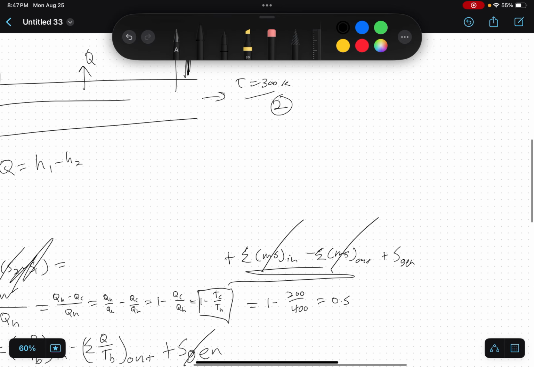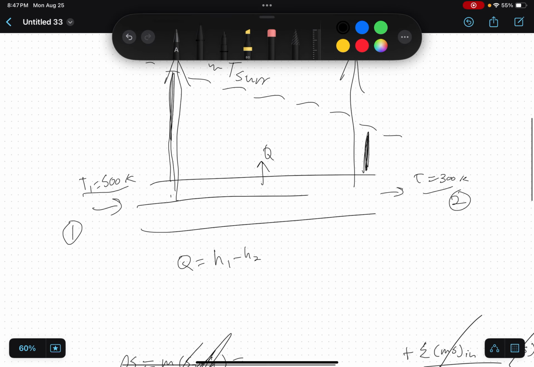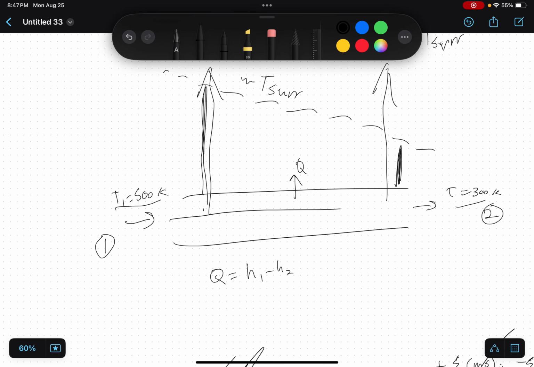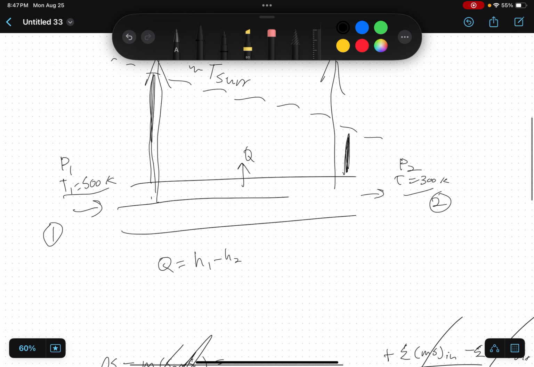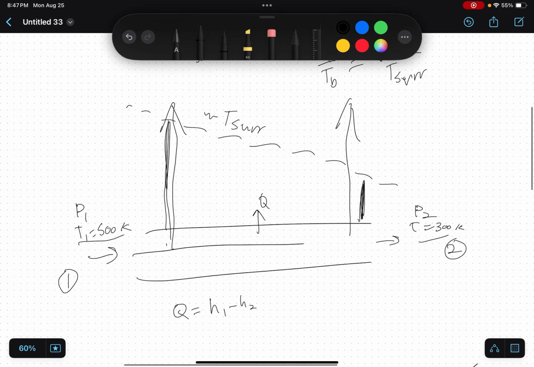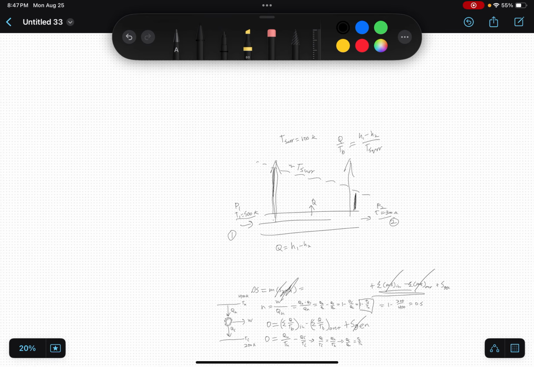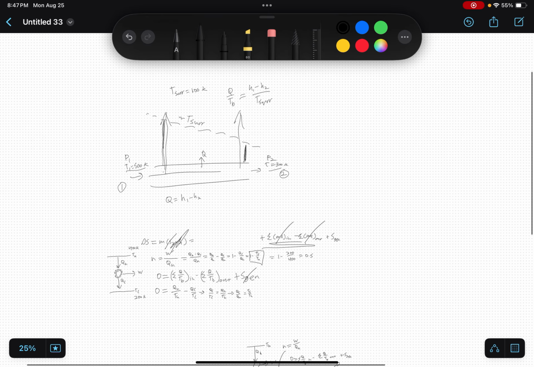You would have this, so you would have to look up S in and S out. Like, let's say we know P1 and P2, and I told you the initial and final temperatures. You could find S by just making it a state function. Yeah, okay, so I'll leave that there.